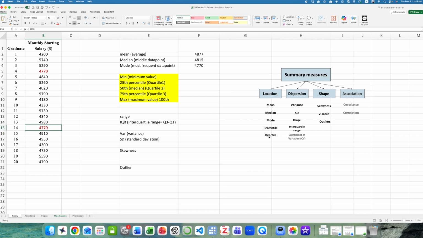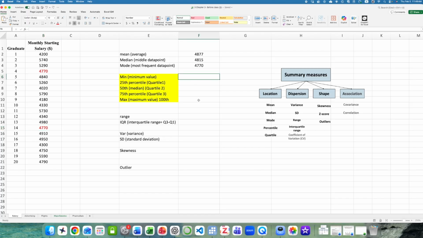There are two other very popular measures named percentile and quartile. Percentiles tell us the value below which a certain percentage of data falls, and quartiles are a specific version of the percentile where data is divided into 4 equal parts.